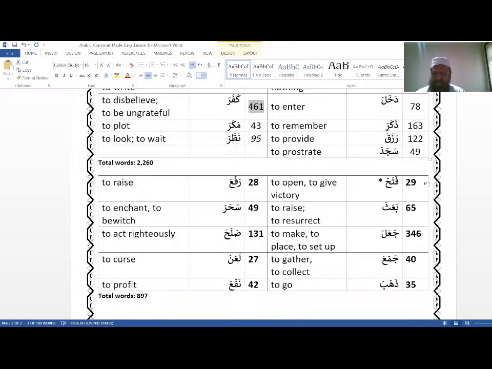The way we memorize surahs, we have to memorize these verbs. Ba'atha, to raise, to resurrect. Ja'ala. Jama'a, together, to collect.